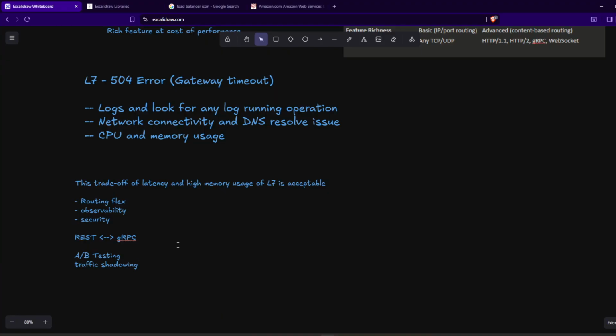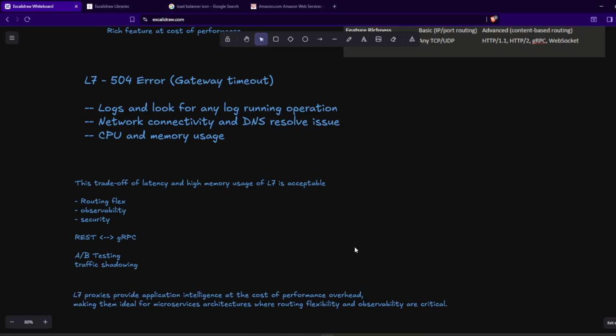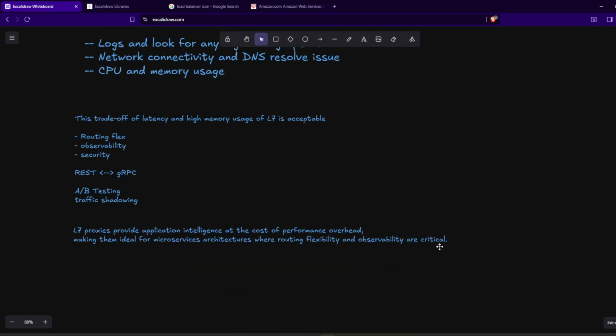Be it Netflix, Uber, Lyft, AWS, Google, any product house, any cloud house, everywhere we see that L7 provides application intelligence at the cost of performance overhead. But it is ideal for microservice architecture where routing flexibility and observability are critical.